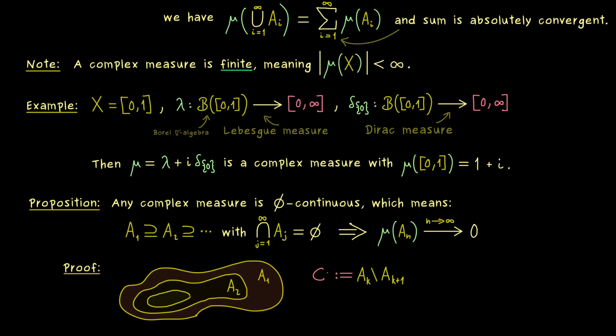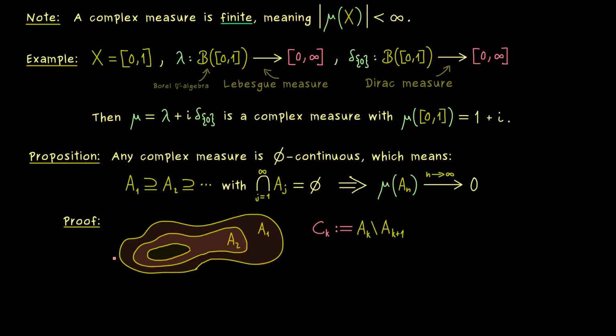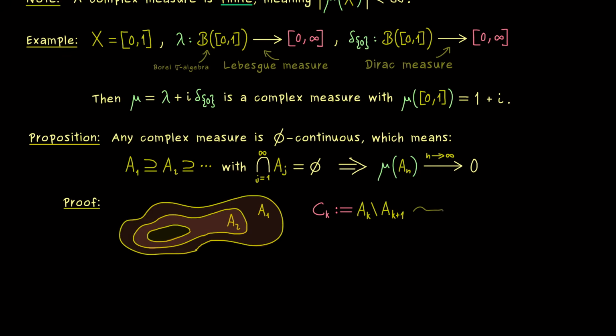So let's say we have the set C_k, which is A_k without A_{k+1}. So in the picture the sets C_k have this ring structure here. And then immediately by definition we have disjointness of the C_k sets. And in addition, it's also not hard to see that the whole union is just our original set A_1.